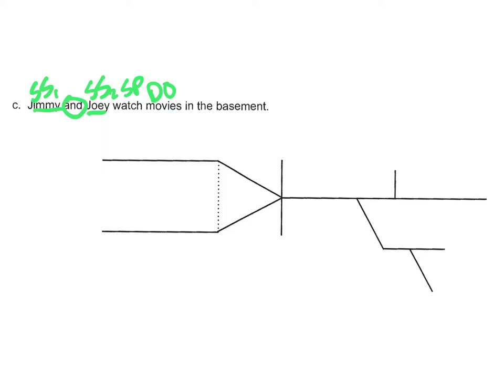This phrase over here, in the basement, is a prepositional phrase. A prepositional phrase always starts with a preposition, ends with the object of the preposition, includes any words in between, never includes a verb, and always answers the question of time or space. In the basement, is that a time or a space? It's a space, the space of the basement.